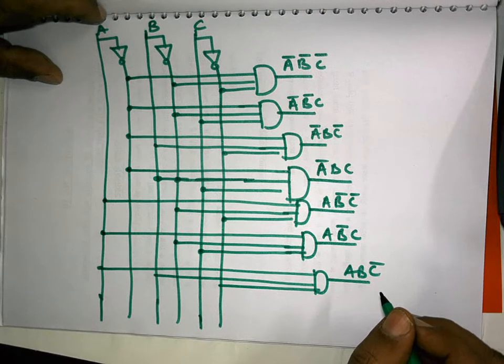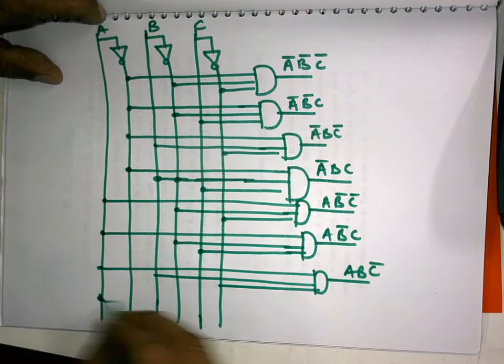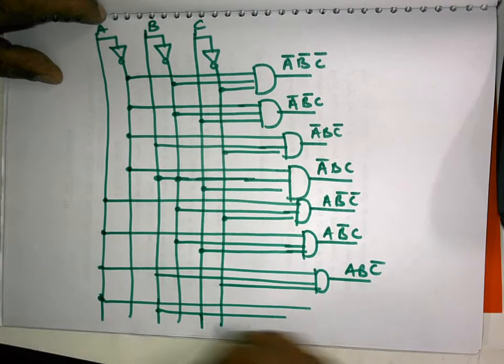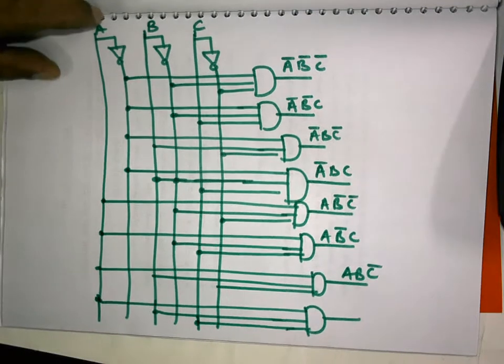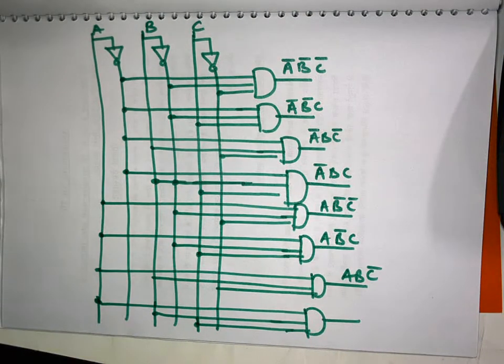Then A, B, C. The 3 to 8 decoder circuit is now complete.